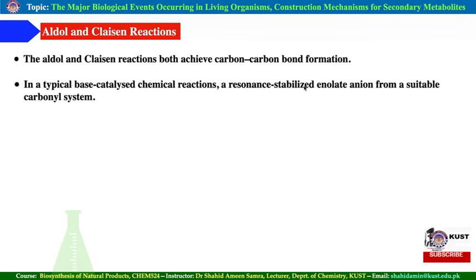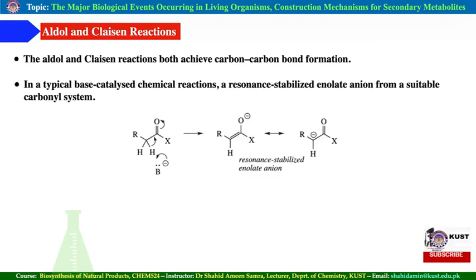The starting material used in both of these reactions are carbonyl systems that may be aldehydes or ketones. Suppose here we are having this keto group, and this is a ketonic or aldehydic species. This X may be hydrogen, it may be an alkyl group.